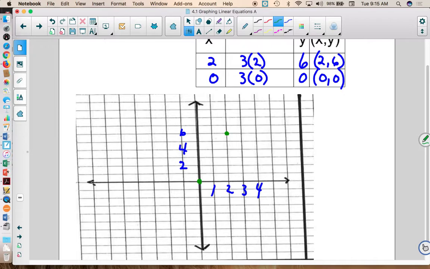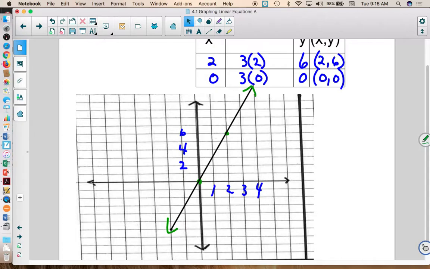All I need to do now is put the line in. There we go, and I've graphed it. Always make sure that your points are in the crosshair. This one here was 2, 6, and this one here is 0, 0.